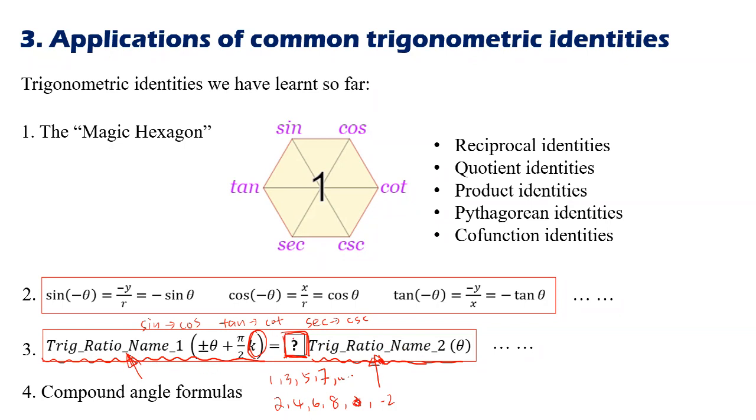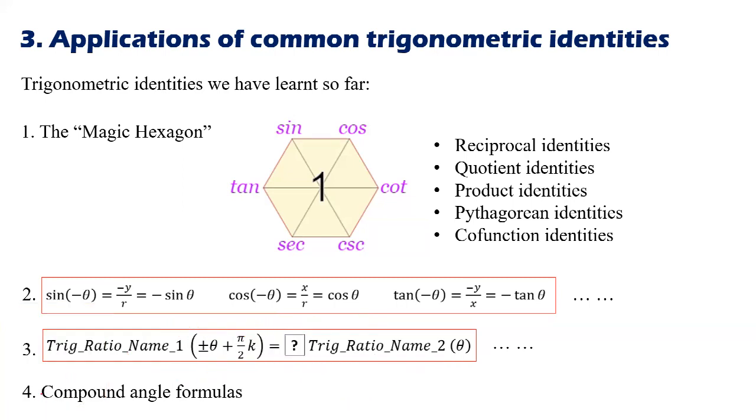And in order to determine the sign in front of the new expression, we assume that theta is an acute angle, and then check if this angle is in the first or second or third or fourth quadrant, right? And then use the CAST rule to find the sign of this trigonometric ratio in that quadrant, right? And that sign is the sign in here, right? So this is the third set of trigonometric identities.